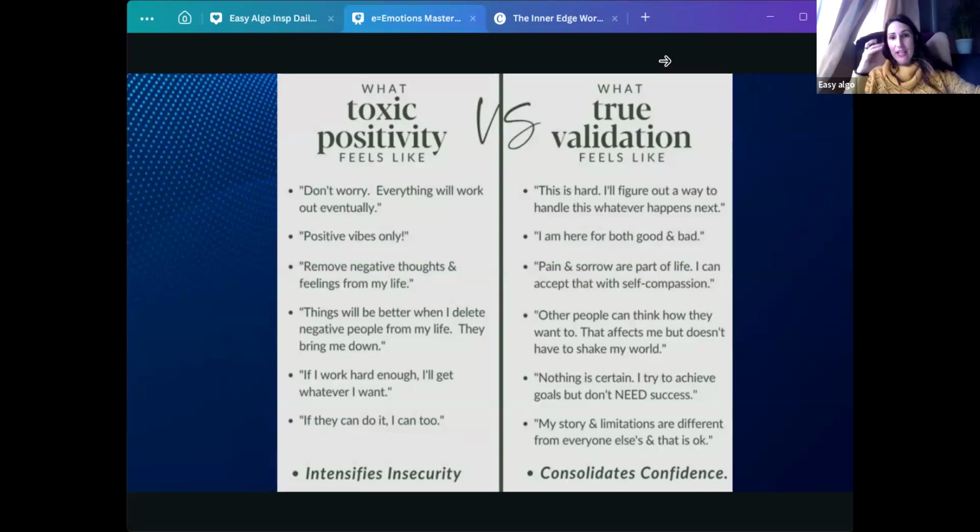Okay? That is, "It's fine, it'll be okay." No, I'm freaking feeling aroused and activated right now. It's not going to be okay. I first have to identify the need behind that before I just push past it. "Only positive vibes here." No, I'm here.